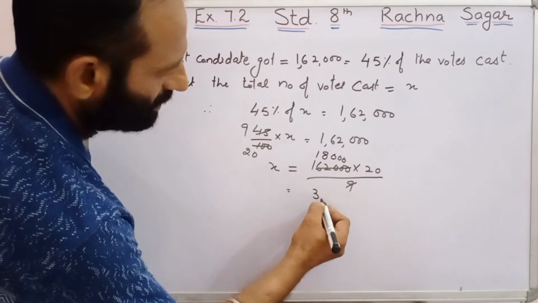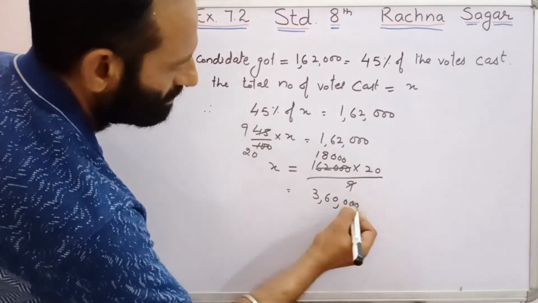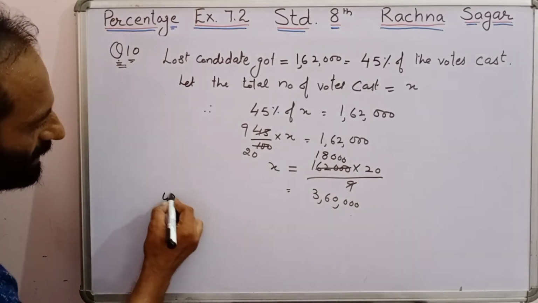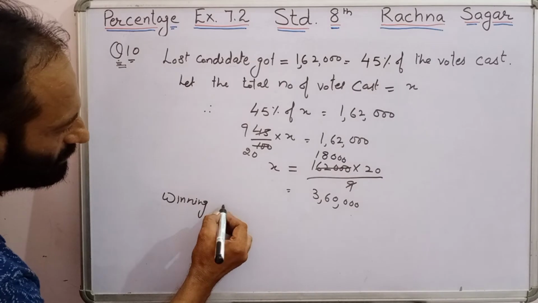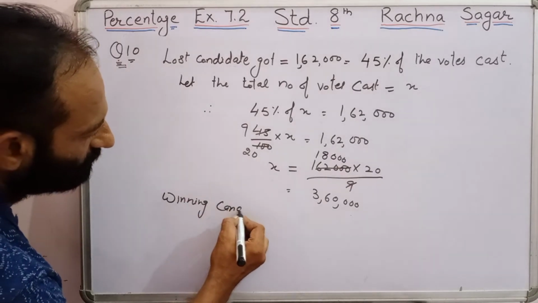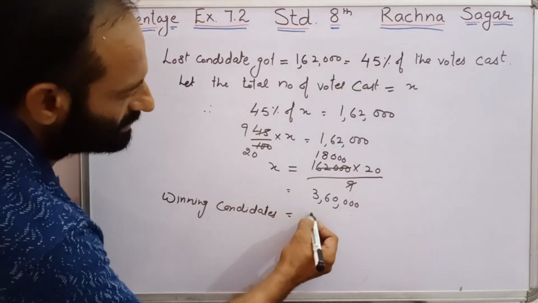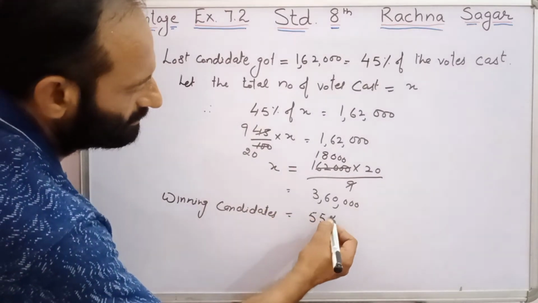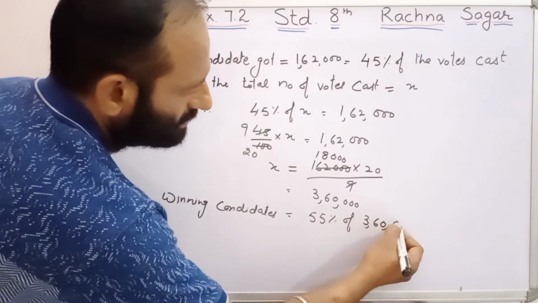So total number of votes cast are 3,60,000, and the winning candidate got 55% of the total votes cast, that is 55% of 3,60,000.